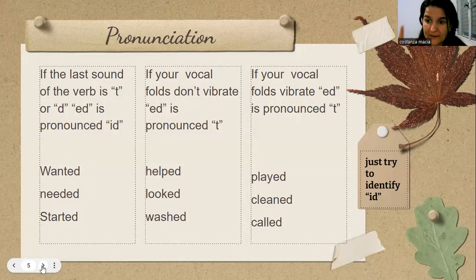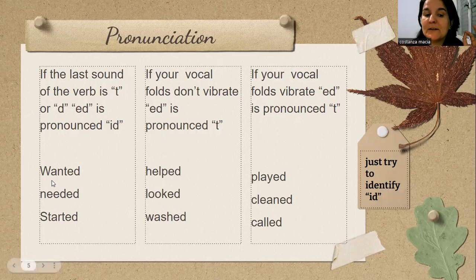There are three ways of pronouncing ed, and here I have a tip. They are very confusing at the beginning, so just try to identify the very different one, that is the first one. If the last sound of a verb is t or d, ed is pronounced id.